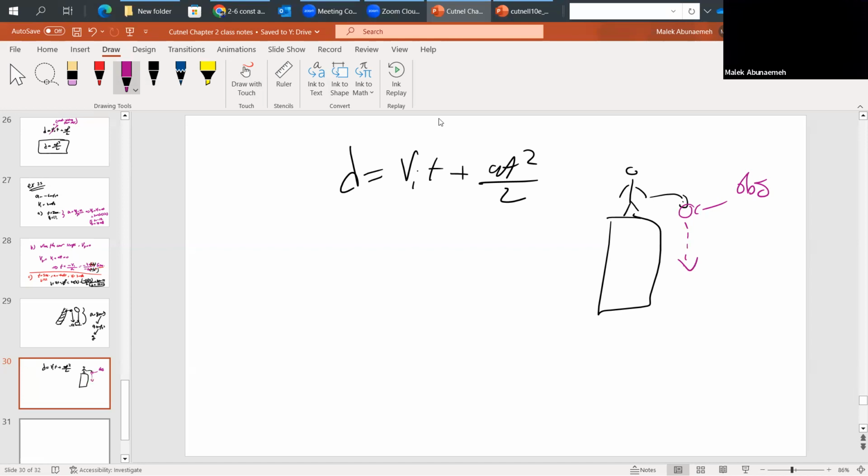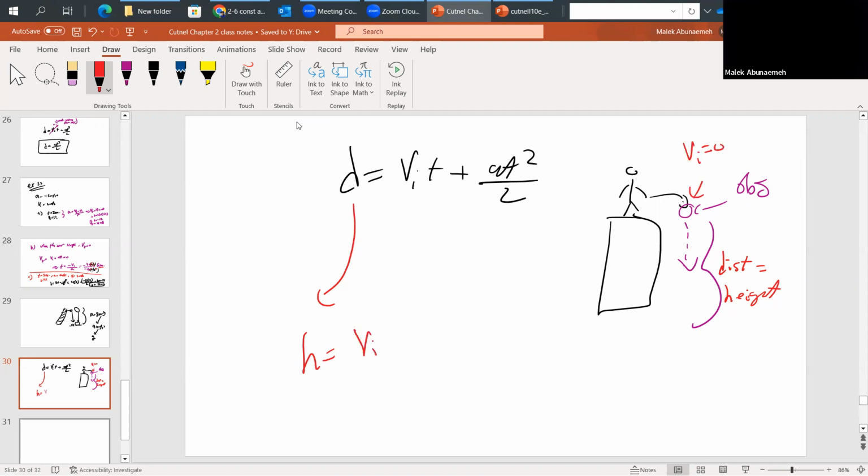Well, this distance that it is going is called what? This distance is actually called height. So we can define this as your height. Now, the stone has an initial velocity. The initial velocity for it is going to equal 0.